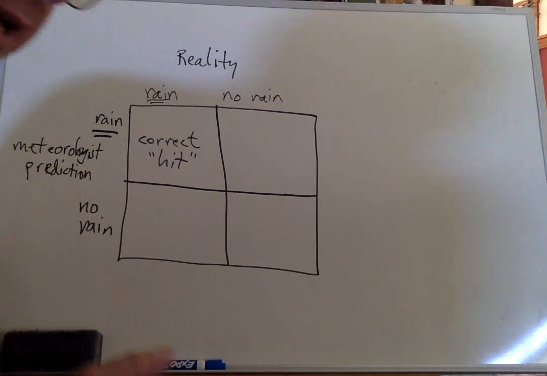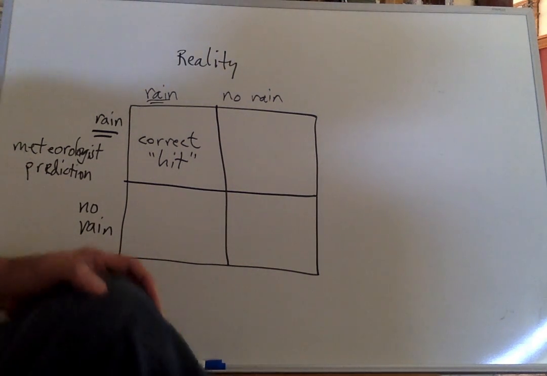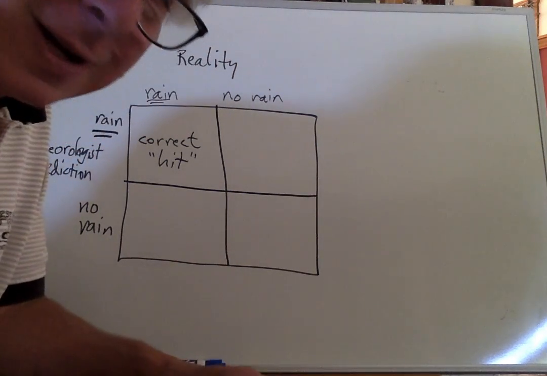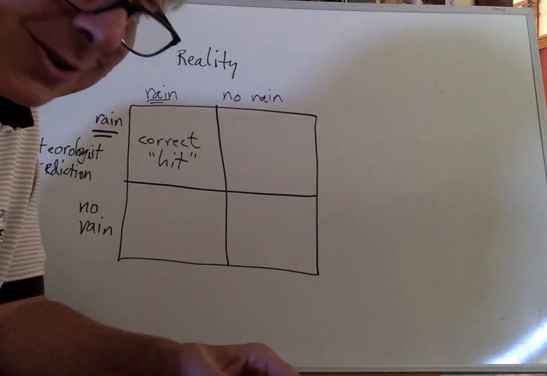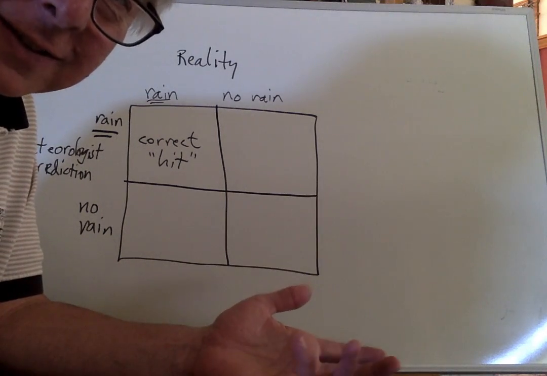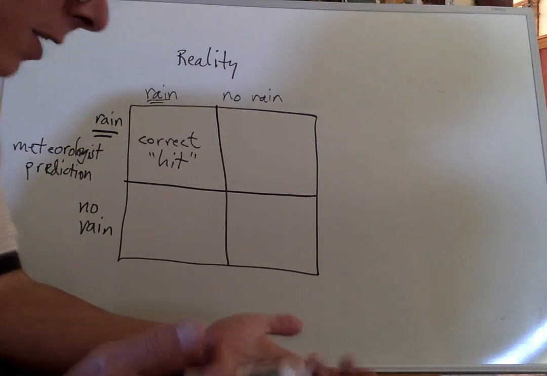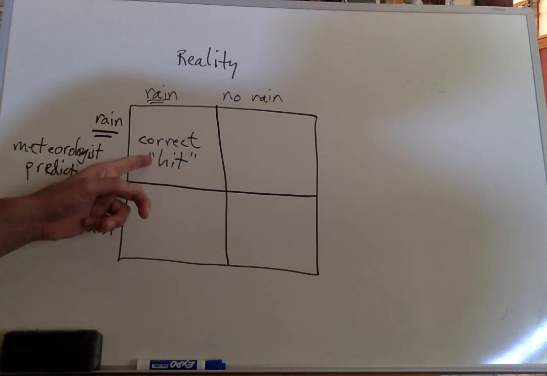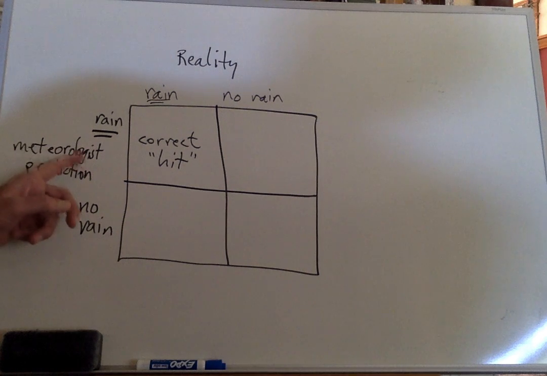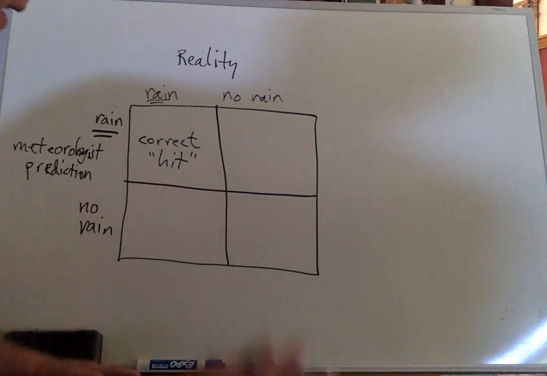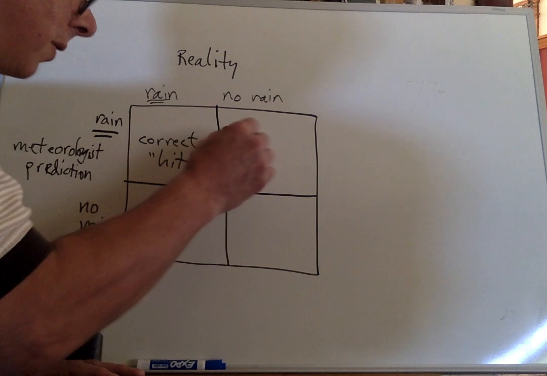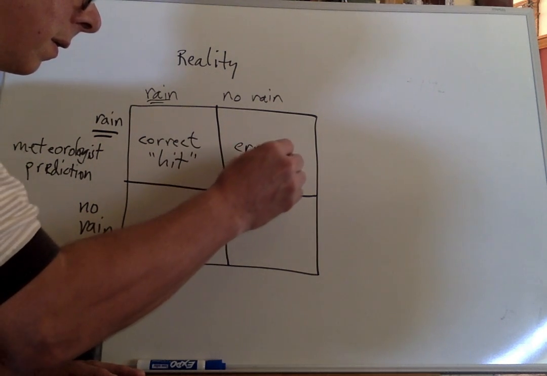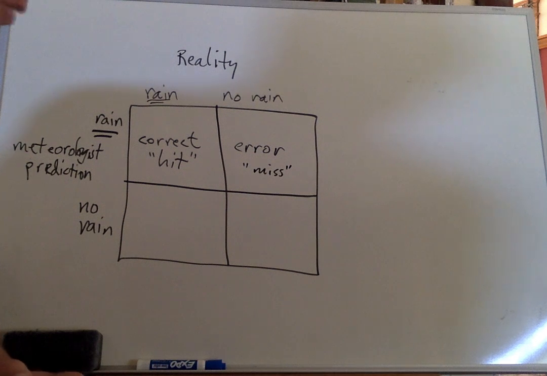It's the same thing here, except meteorologists are certainly making predictions based on data. When you play Battleship, it's usually just sort of random guessing, okay? It's just kind of weird. So the meteorologists, they predict rain and it rains, they are correct. If they predicted rain and there's no rain, well, then this is called an error or a miss, okay?